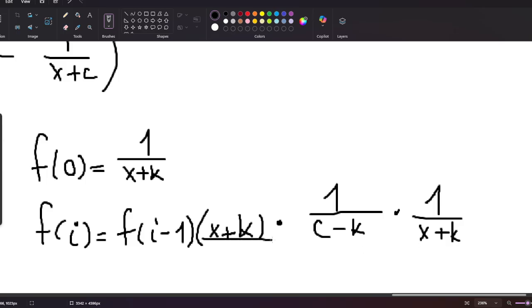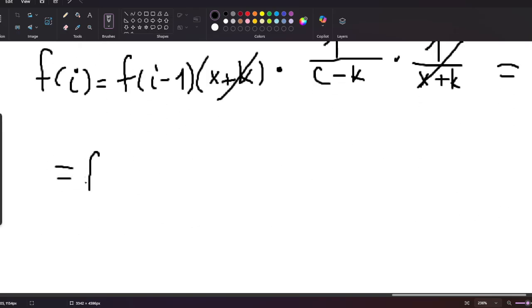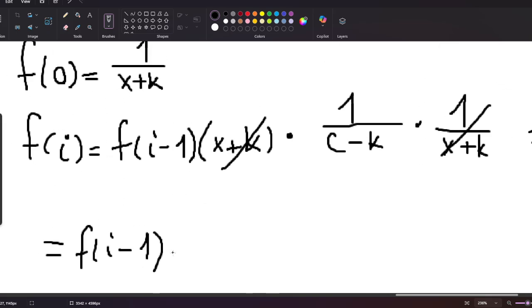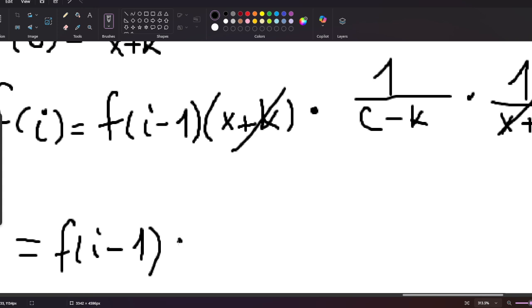Notice how this and this cancel out. So what we have left is f of i minus 1 times 1 over c minus k.